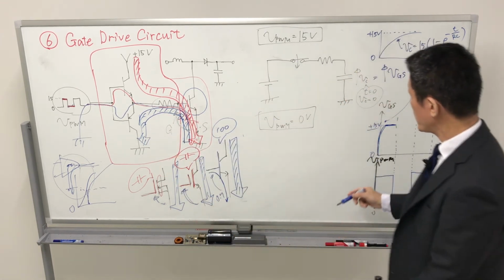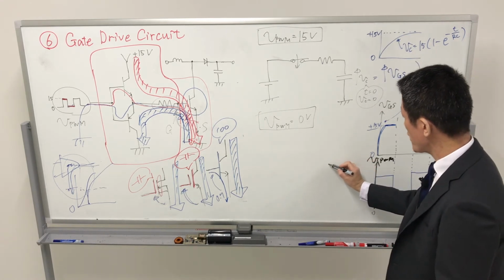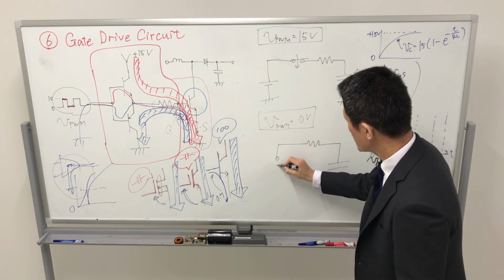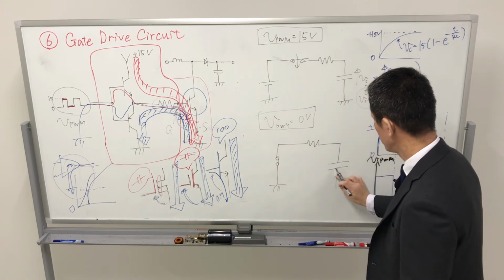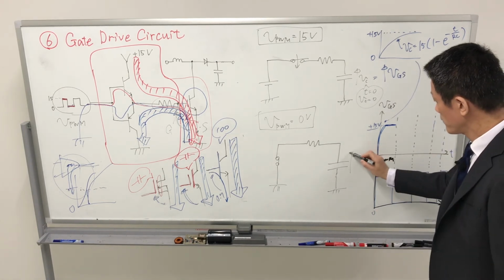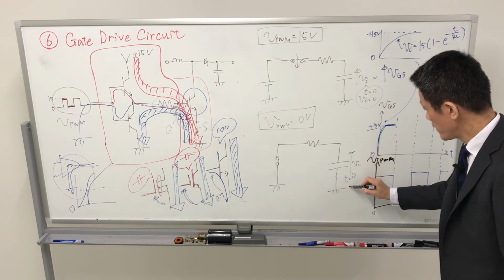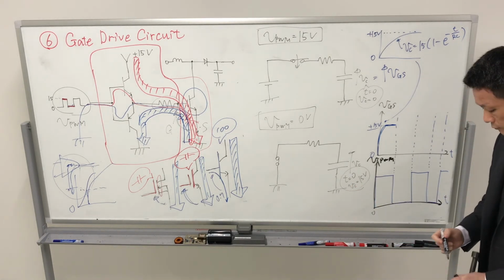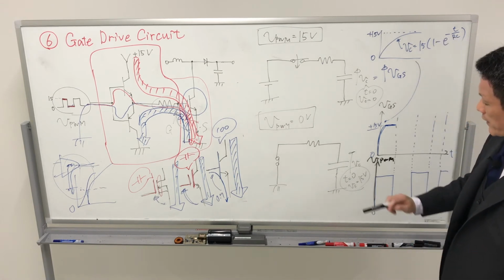The equivalent circuit is a charged gate source capacitor, a switch, turn on, ground side. At T equals 0, VC equals 15 volt. This is the first condition.